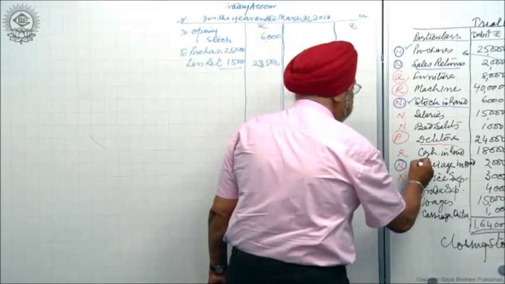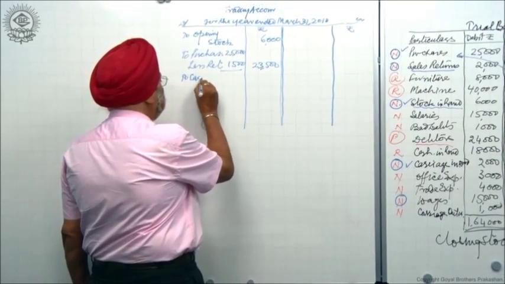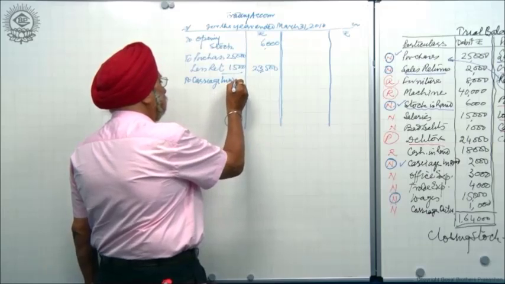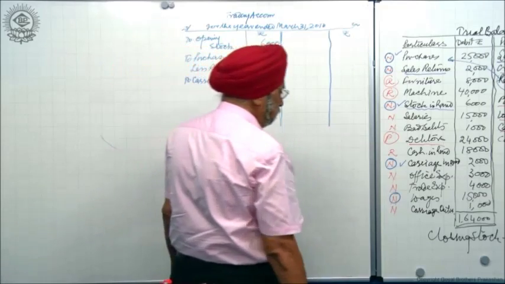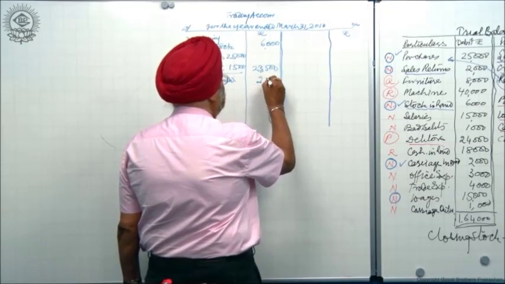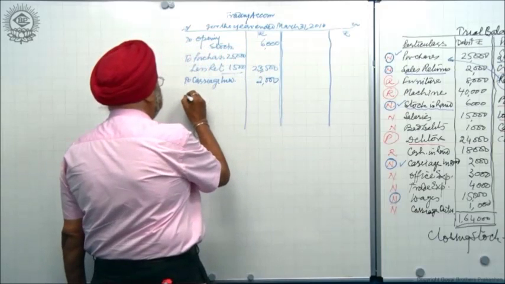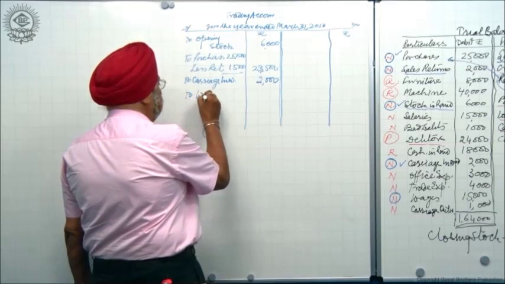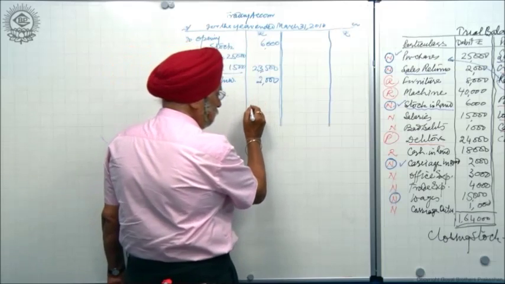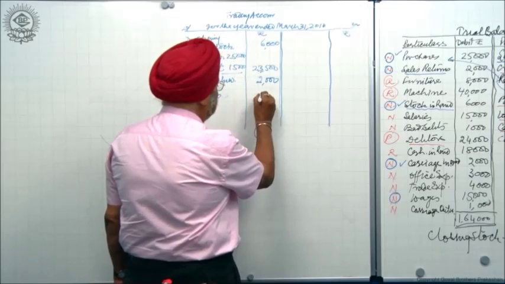Then I have carriage inward. I write here carriage inward, 2,000. Then I have wages, 15,000. Wages are incurred in factories, so it is a direct expense.